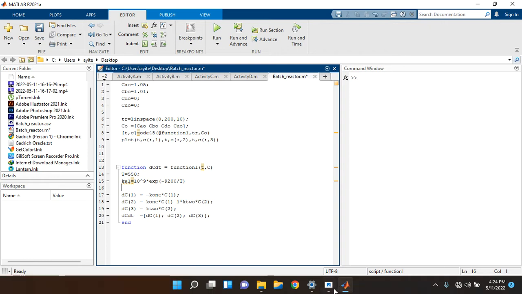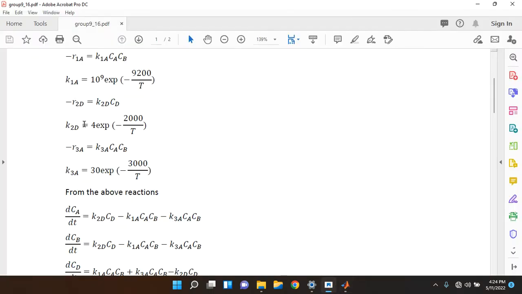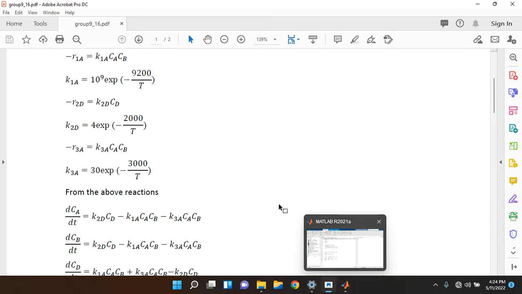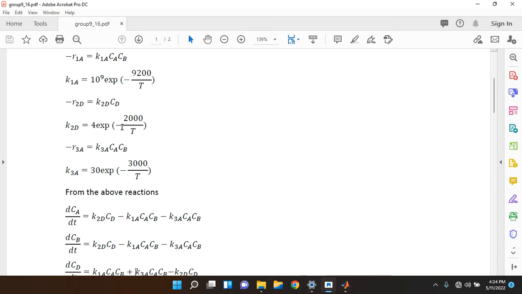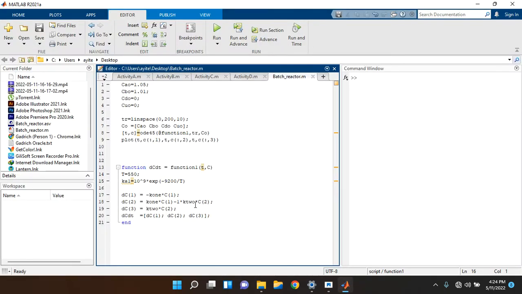So we're going to do the same thing for K2D and then K3A. So K2D is 4 exponential minus 2000 over t. K-D2 is equal to 4 times exponential minus 2000 over t.